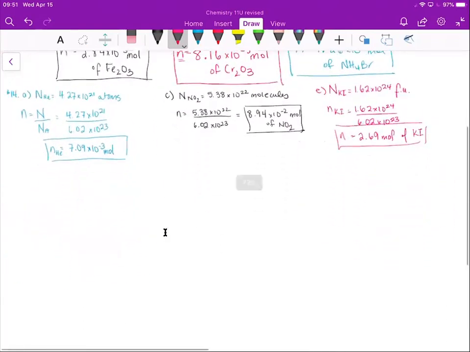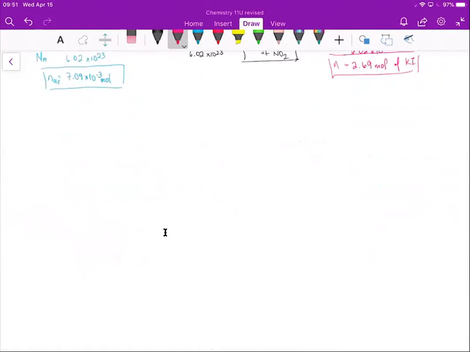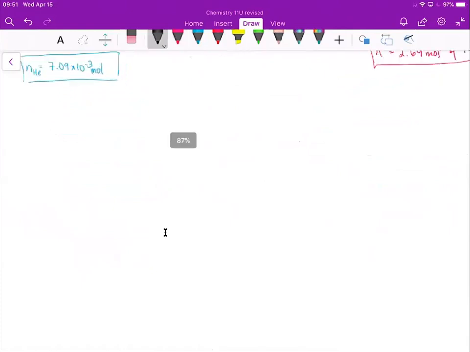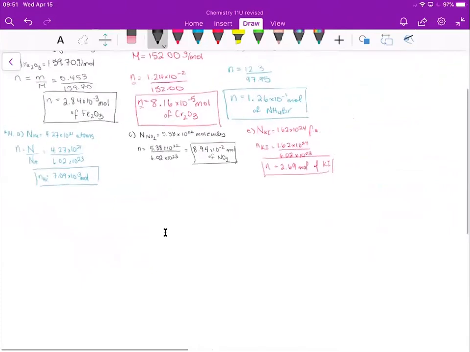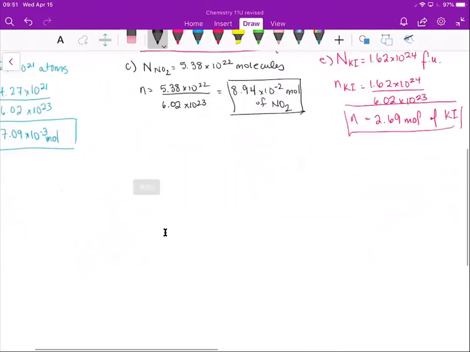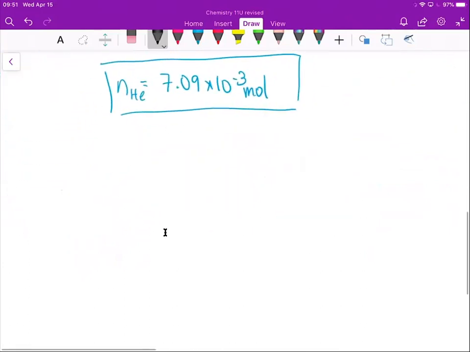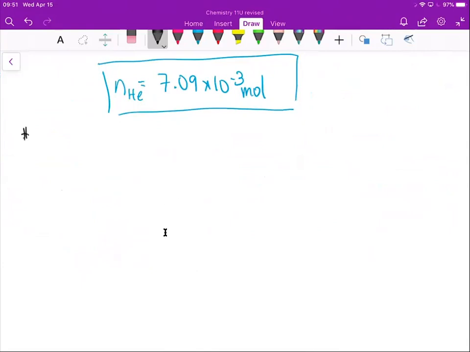And now we're doing 17. Or did I skip 16? Yeah, I skipped 16. Oh, I don't think I have to. You know what? We'll still do it. We're looking at the molar mass of platinum bromide.